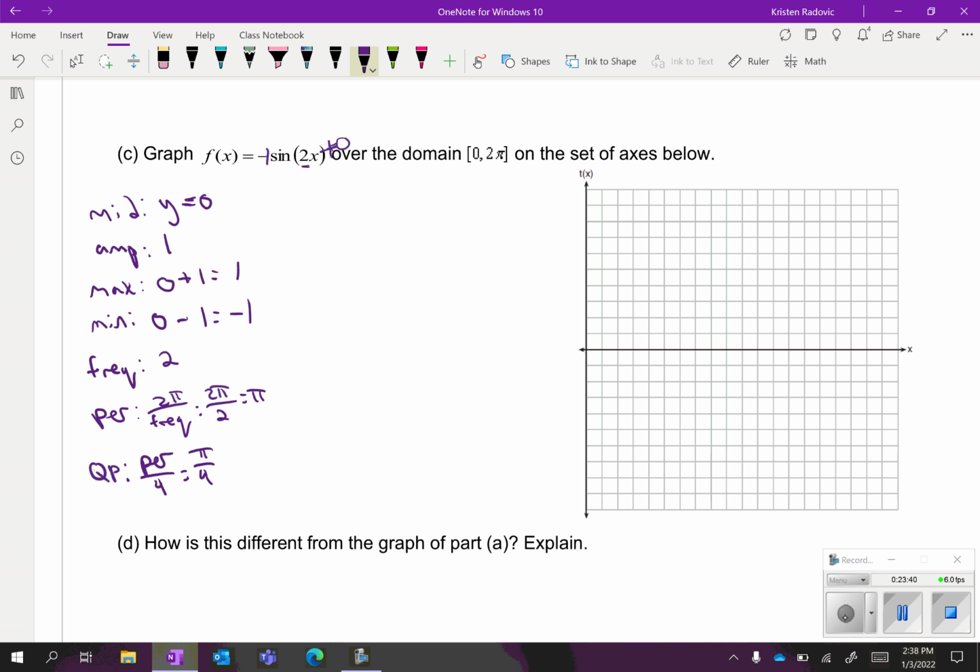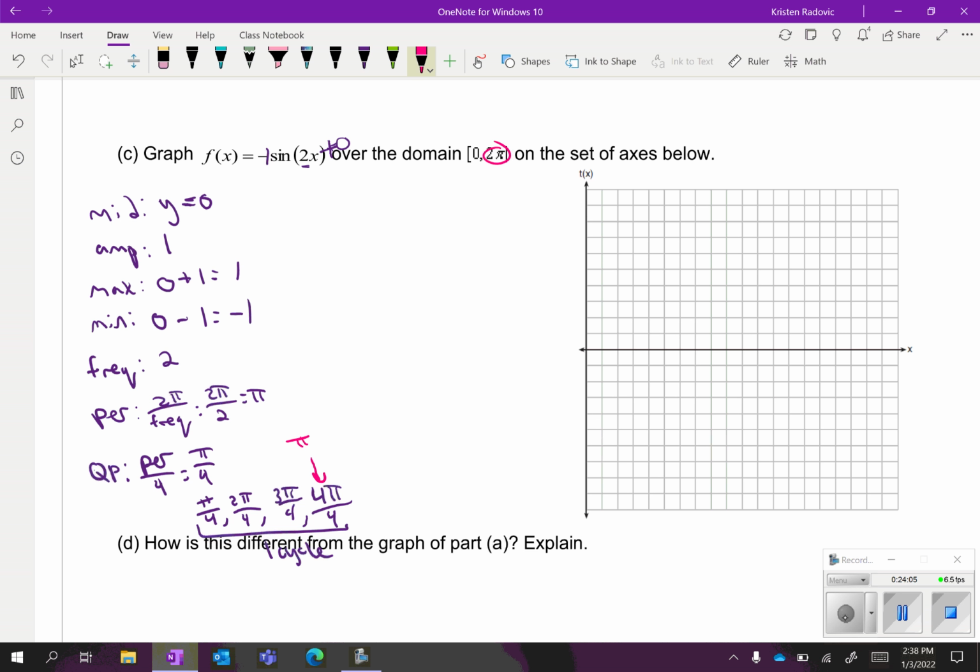And that's going to be your first quarter point. So we have pi over 4, 2 pi over 4, 3 pi over 4, 4 pi over 4. This would be 1 cycle. But this is also pi, because 4 divided by 4 is 1.